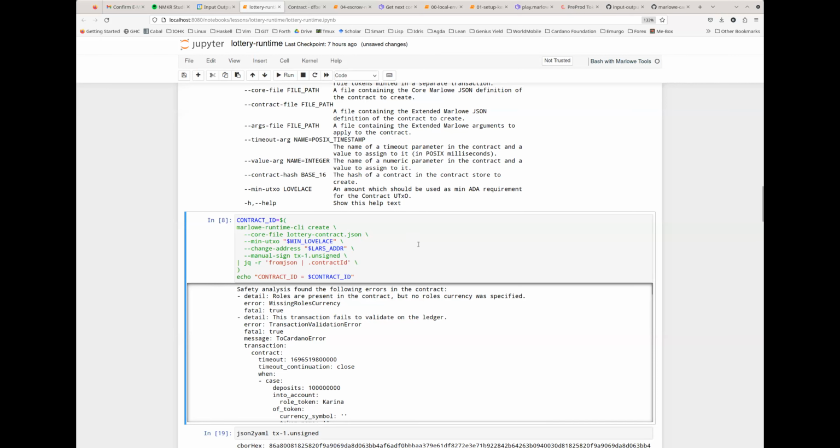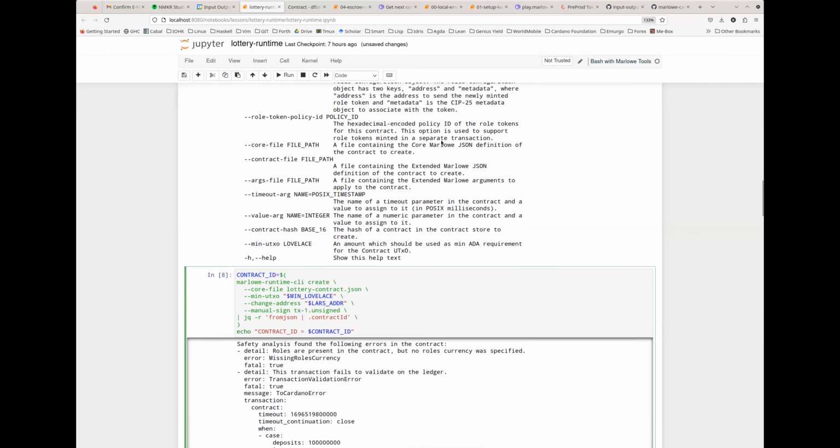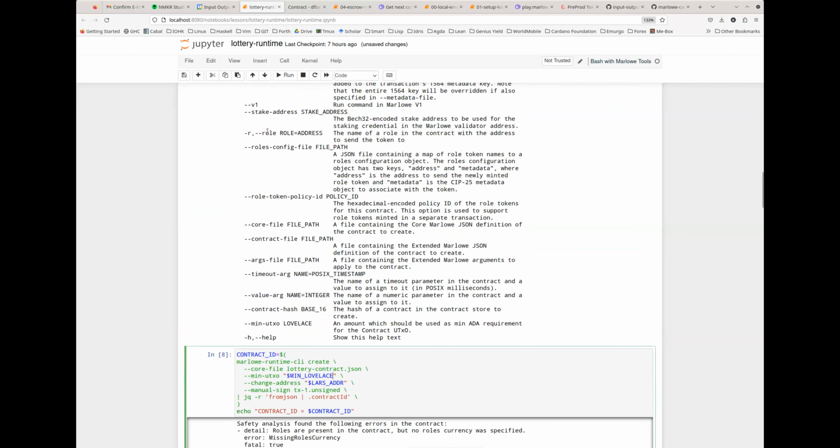And that is, if you recall, we hard-coded Robertino's address, but we didn't hard-code Karina's and my address. And we see here in the help that you can specify that. We could also give a config file, but we can also do it with command line parameters. So the format is role, and then the name of the role and the address.